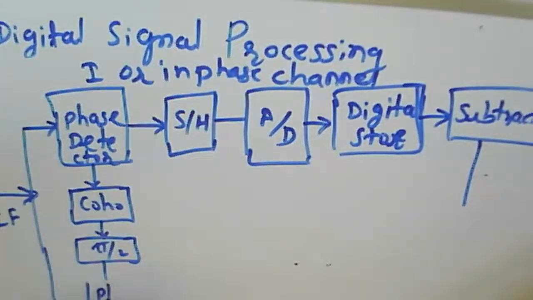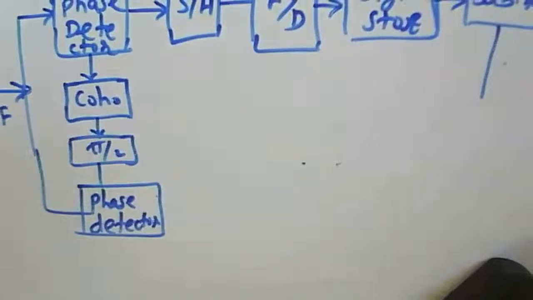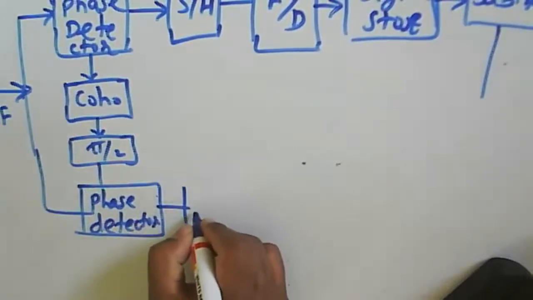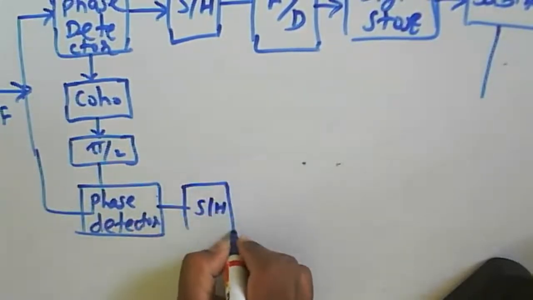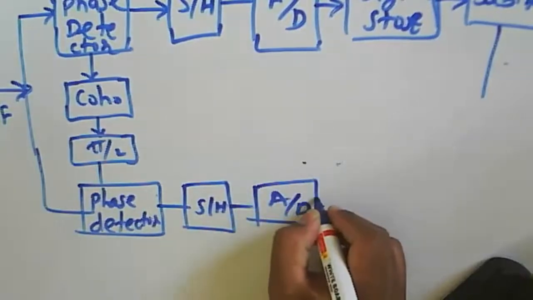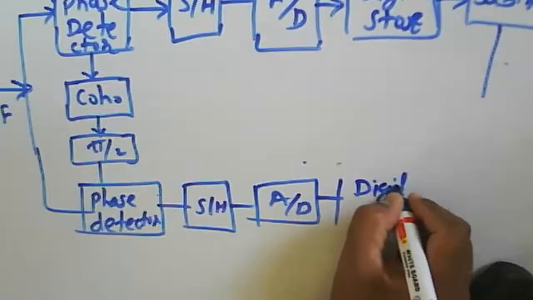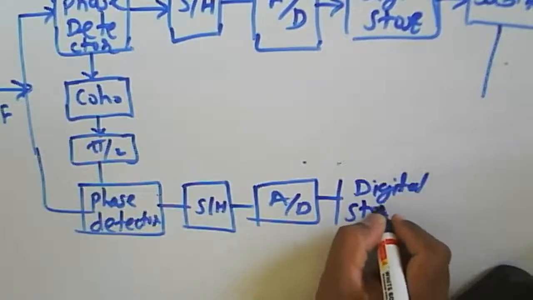Here we have a phase detector with a 90-degree phase between the two signals. Then the same sample and hold, then A to D, then a digital storage for the information.